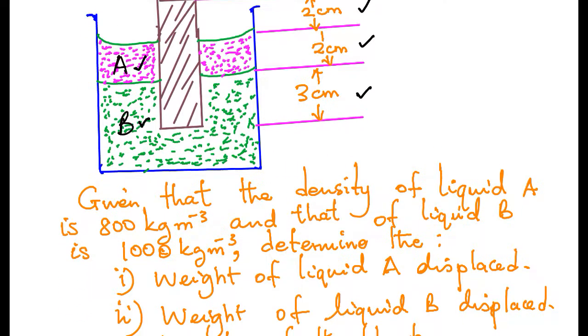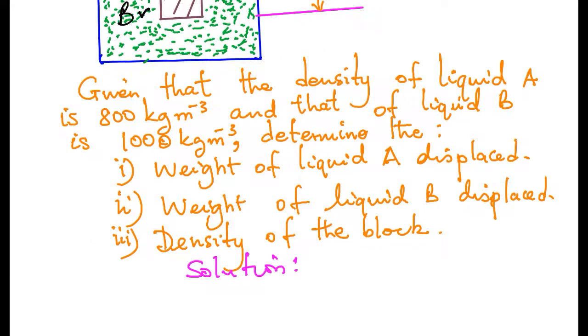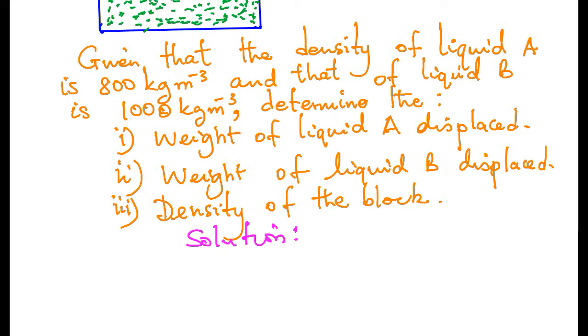Given that the density of liquid A is 800 kilogram per meter cube and that of B is 1000 kilogram per meter cube, determine the weight of liquid A displaced, the weight of liquid B displaced, and the density of the block.